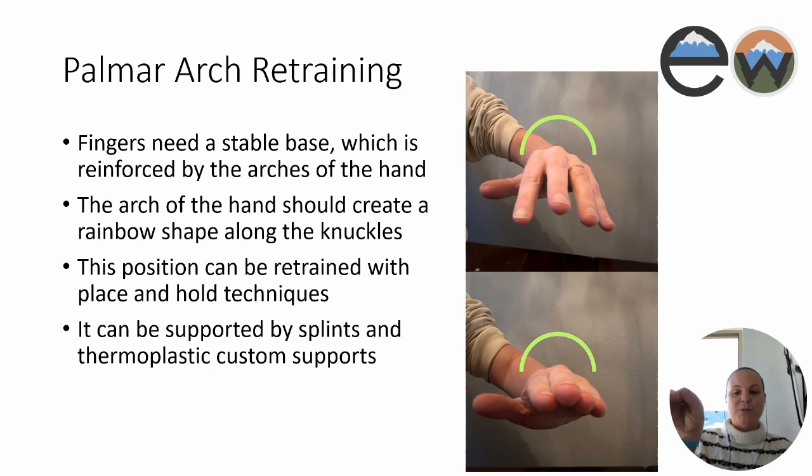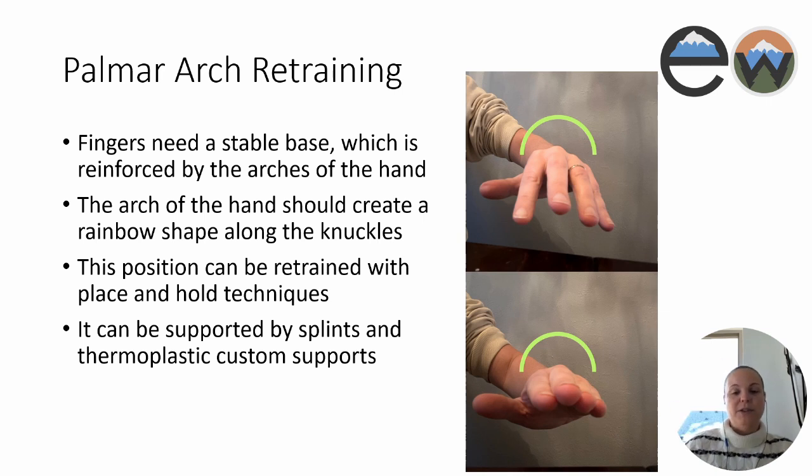okay, and not super scrunched up, which both of those can happen if we have some weakness in the hand base itself. So we might have to go back to just supporting and teaching somebody how to create that rainbow knuckle position. Okay. Place and hold techniques, but just what I'm doing is just trying to create an actual rainbow position.